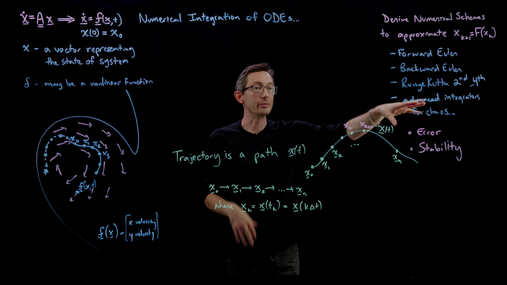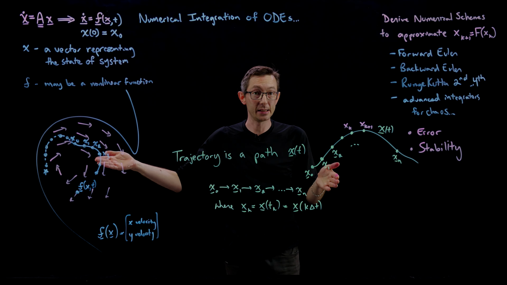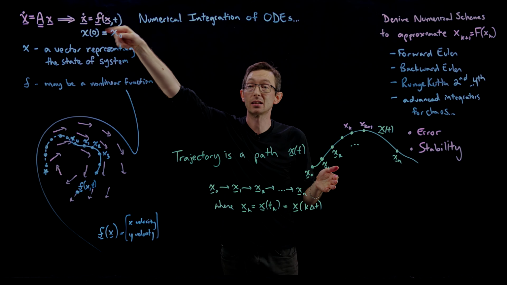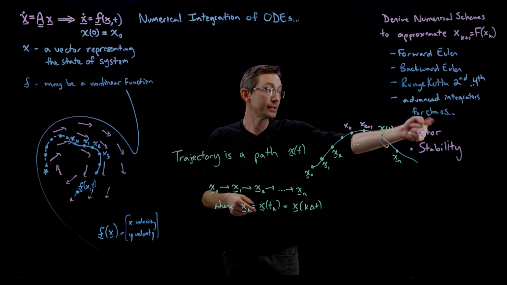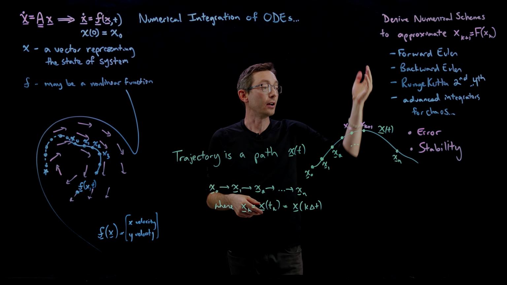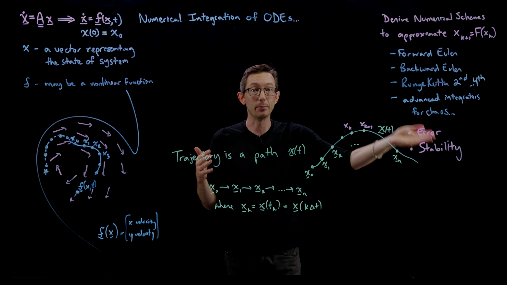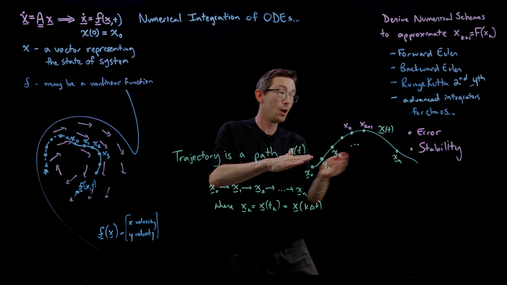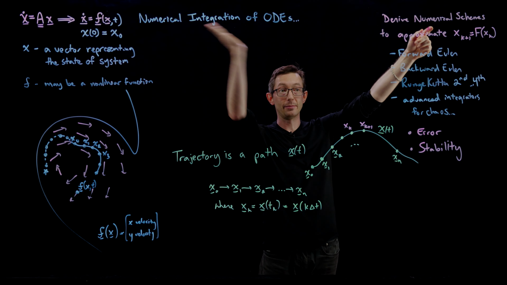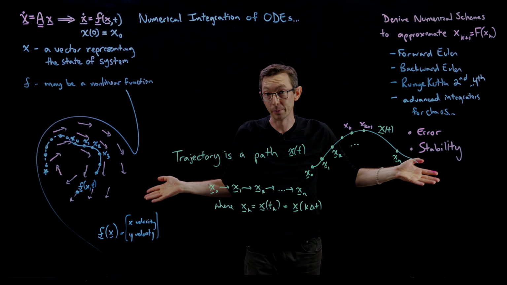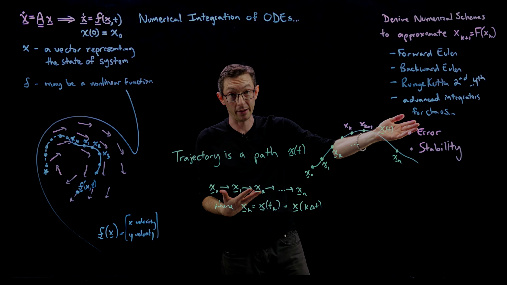So for all of these schemes, we need to be concerned with how accurate the scheme is. If I assume that I have a good estimate of F, what is the error for each of these schemes, and what is the stability? Are these going to faithfully reproduce my trajectory, or is my forward Euler sometimes going to diverge if I use too big of a time step? That definitely happens, and I'm going to tell you why that happens.